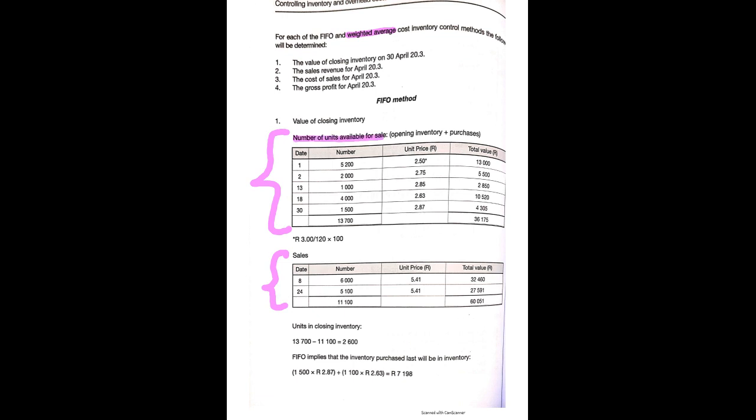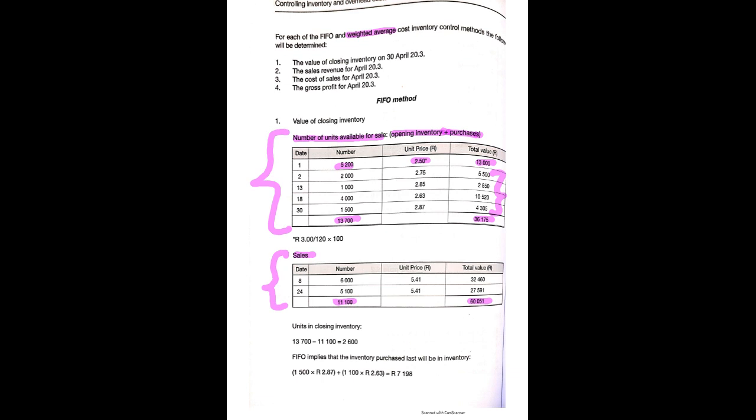You'll put in the opening inventory, which was the 5,200 at 2 Rand 50. That gave you 13,000. And then you added on all of the purchases. So your purchases were all of these ones here. Then you have total purchases. This is the number of units available to sell. This is the total worth of them. And then your sales, you recorded them. This is the total number of units sold. This is the actual sales revenue.